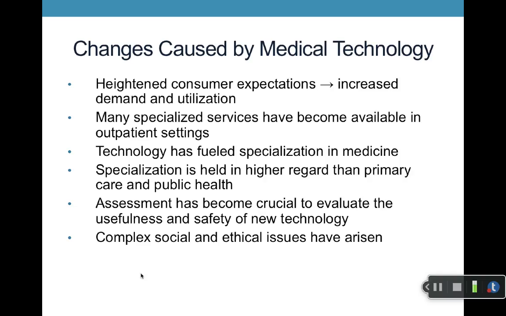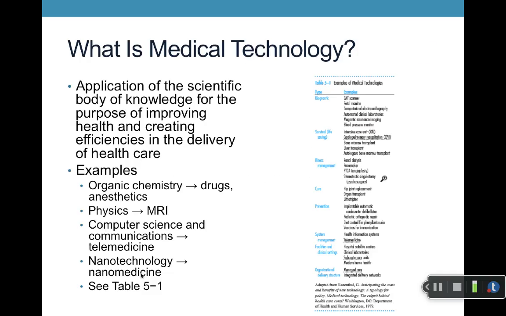And so through what we call health technology assessment, through that evaluation of the relative costs and benefits of doing these kinds of procedures, what we found was that early age PSA screening wasn't something that really could be supported and paid for by Medicare and supported by the federal government, because it didn't work out on the cost benefit analysis. So let's take a step back and first ask, what is medical technology?